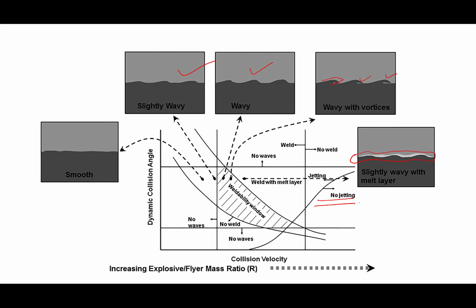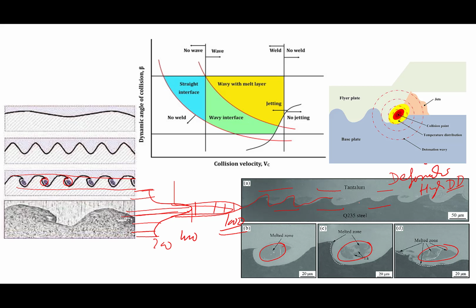So as far as the joint interface is concerned, you may have small pockets in the jetted material, and these jetted materials are basically composed of both side base or parent metals.